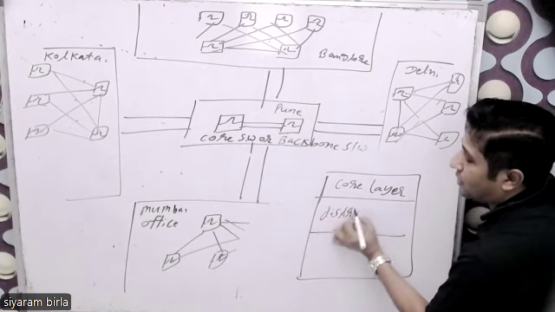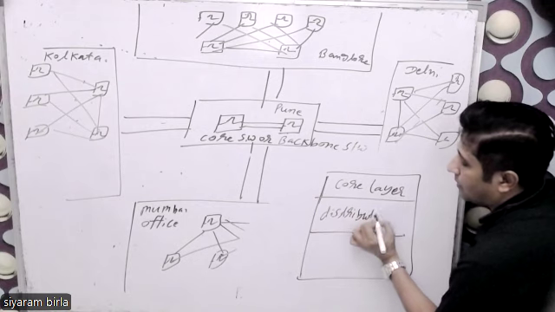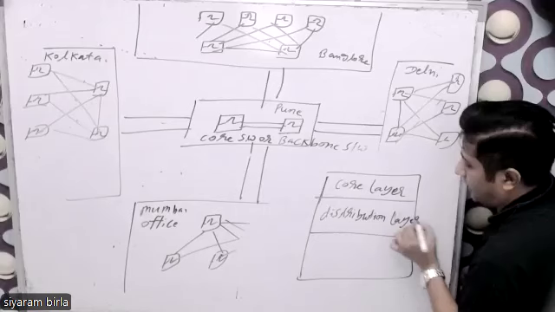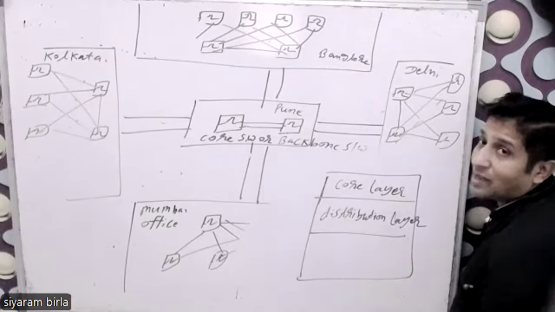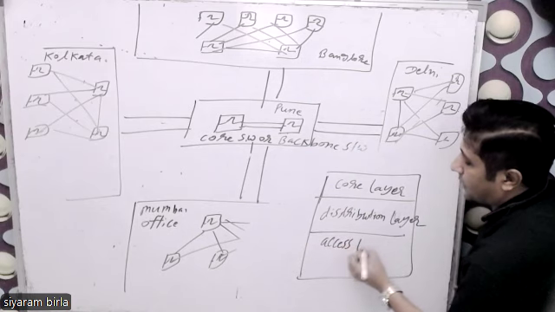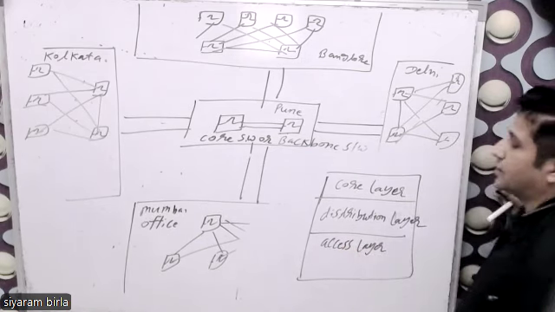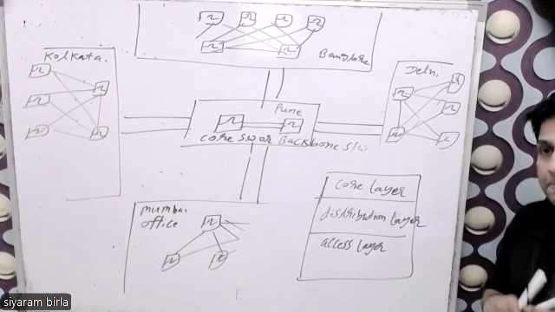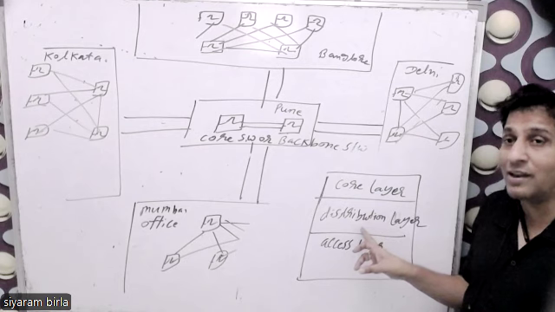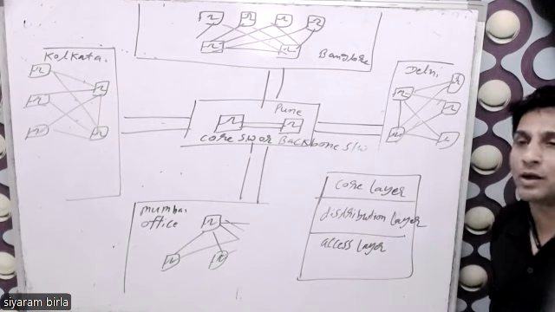That is called the distribution layer. And then finally, at the last, my access switches are connected. So that is called the access layer. So there are three layers. One is the access layer, the upper one is the distribution layer, and the top one is the core layer.